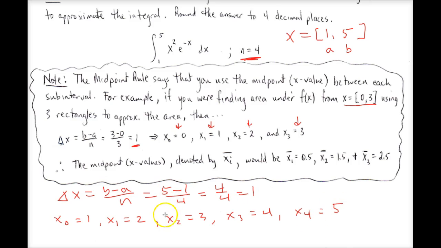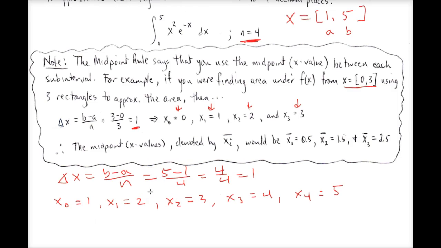Now, to find our midpoint sample points, x sub 1 bar is 1.5, x sub 2 bar is 2.5, x sub 3 bar is 3.5, and x sub 4 bar is 4.5.